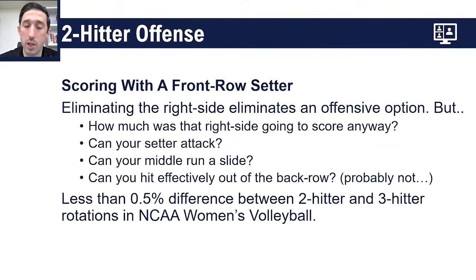And then as you get into the college level, definitely collegiate men hit well out of the back row. Some of the higher level collegiate women's teams hit effectively out of the back row, and then you see it at the professional level. Back row attack at the high school level can be effective when you have one hitter who's by far and away the best attacker on your team. So even though she's going to be less effective out of the back row than she is in the front row, the trade-off might still be worth it.